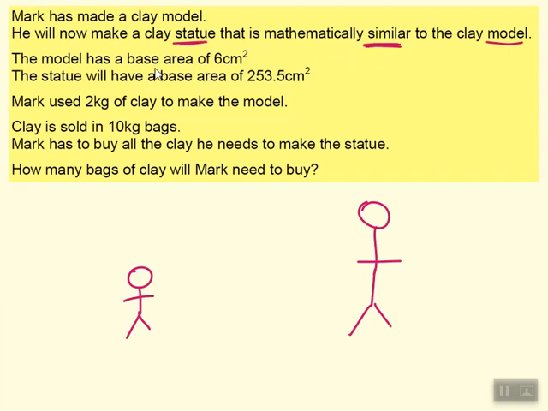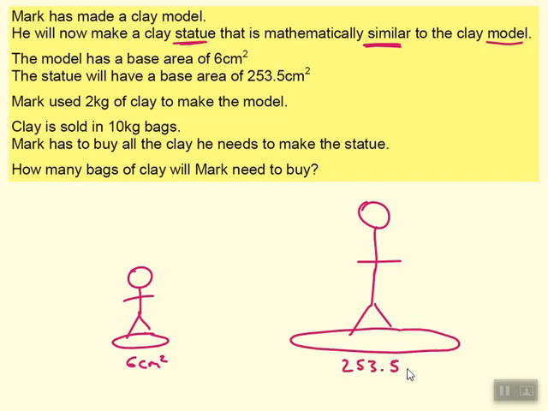The model has a base of 6 centimeters squared, so imagine this model is on a base, and that's going to be 6 centimeters squared, and the larger one's going to have a similar base, and the base of that one is 253.5 centimeters squared.